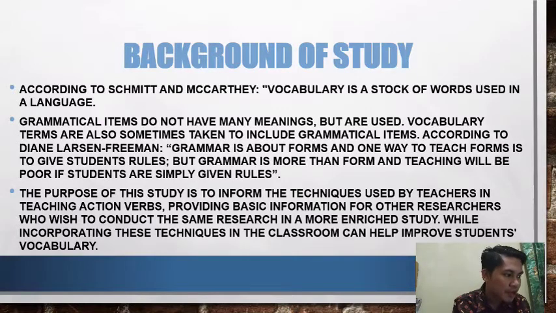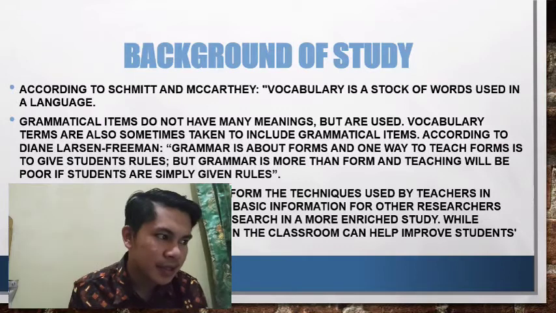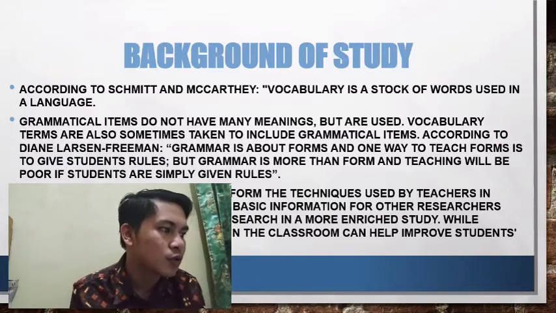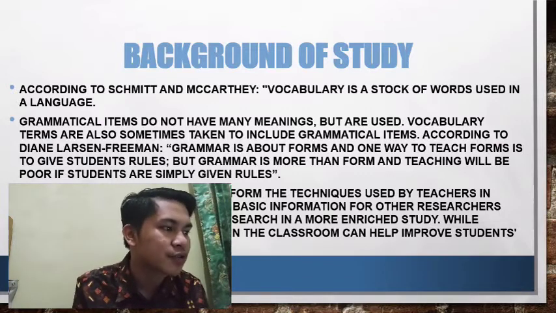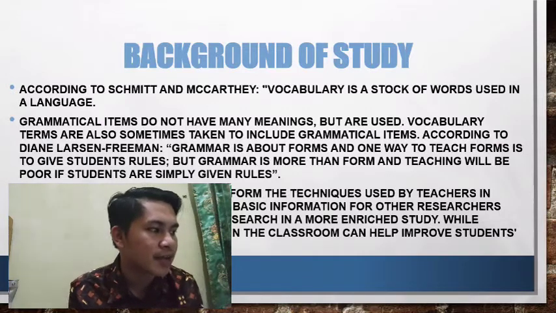To communicate well in a foreign language, students will acquire a sufficient number of words and know how to use them accurately. Okay, the second point is grammatical items do not have many meanings, but are used. Vocabulary terms are also sometimes taken to include grammatical items.